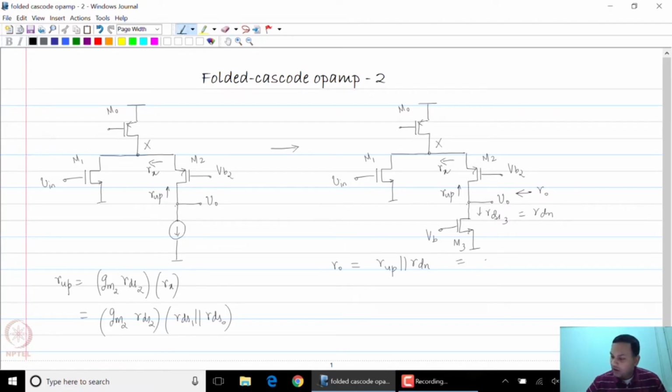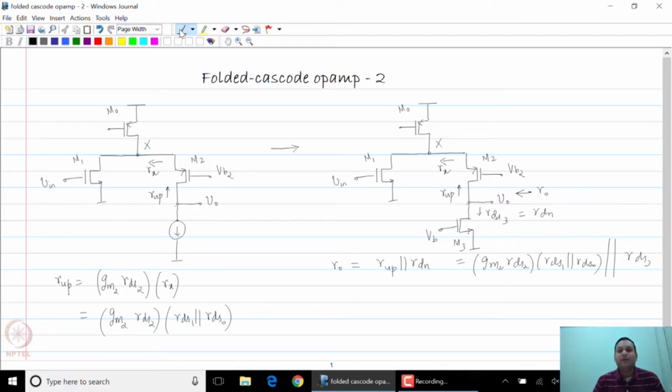This is clearly the parallel combination of gm2 rds2 times (rds1 parallel rds0) in parallel with rds3. And now you can see that the impedance looking upwards is of the order of gm rds squared. It's slightly lower than gm rds squared, whereas the impedance looking downwards is of the order of rds.